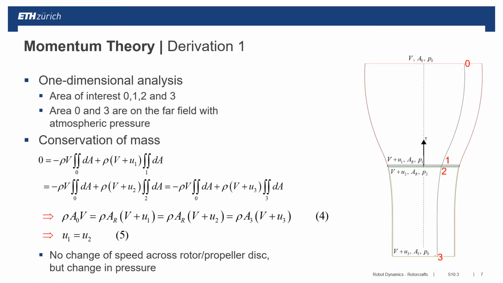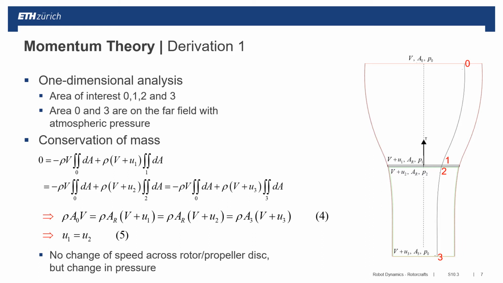For each of these control surfaces we have a speed, a surface area and a pressure defined. Now if we apply the conservation of mass, which is the integral of the density multiplied by the speed and integrated over the surface, we can calculate this for each control surface.